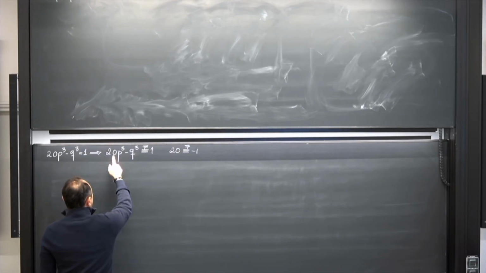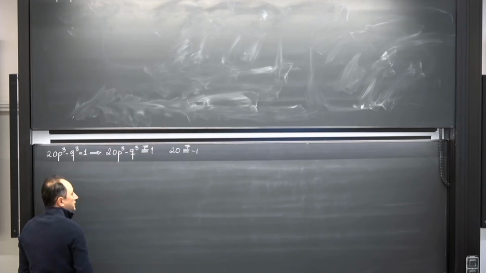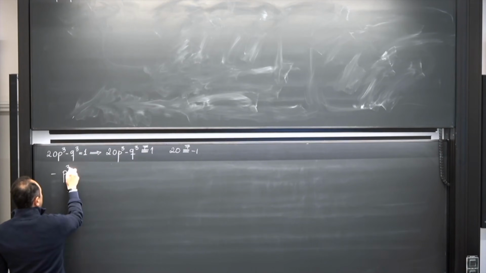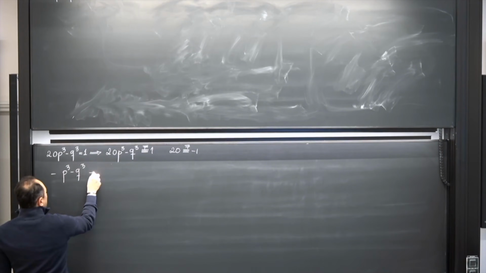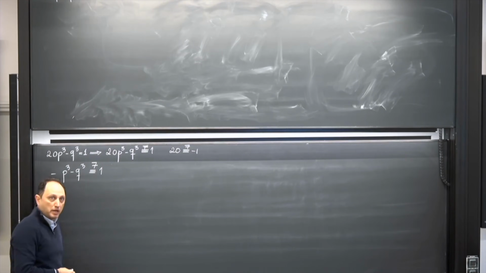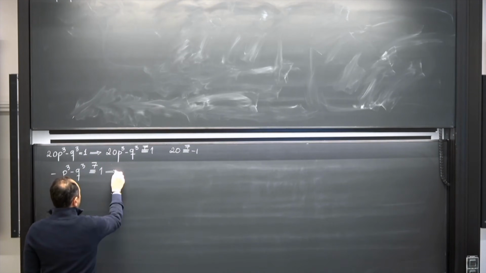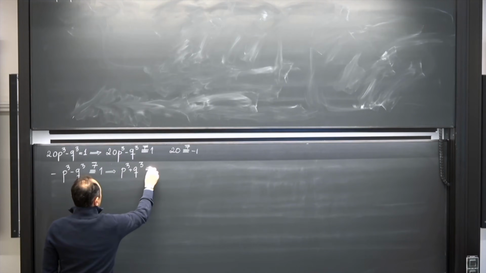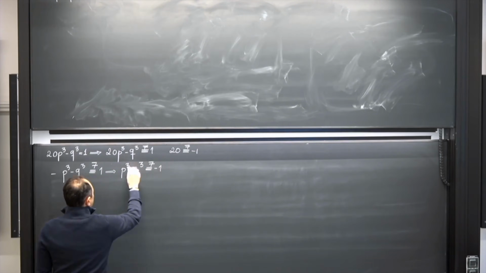So another name for 20 when it comes to modulus 7 is simply -1. So this becomes -p^3 - q^3 is congruent to 1 modulo 7. For simplicity, let me multiply both sides by -1. Then I will get p^3 + q^3 is congruent to -1 modulo 7.